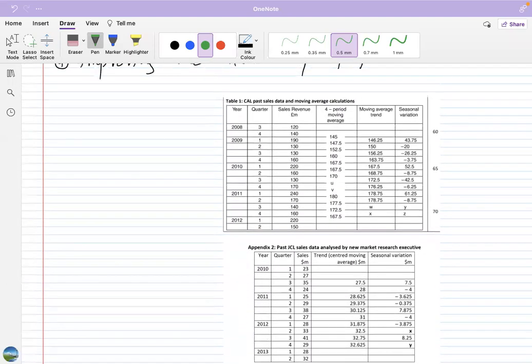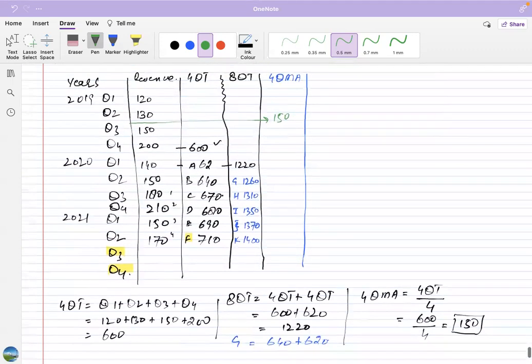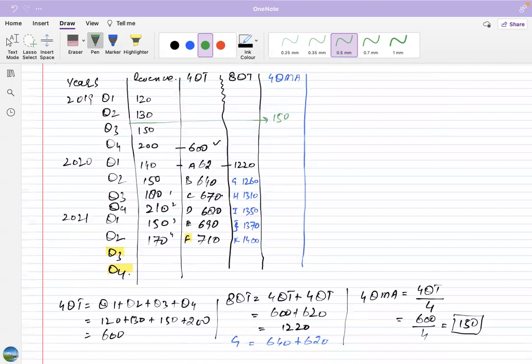If you can see the screen, you can identify where the values 145, 147.5 and 152.5, that is the 4QMA, the 4-quarter moving average, are written. It's always written in between the second and the third quarter. You can see that. Okay, moving forward, now if the question is asked to calculate the value for the rest of the figures, we can also calculate that.